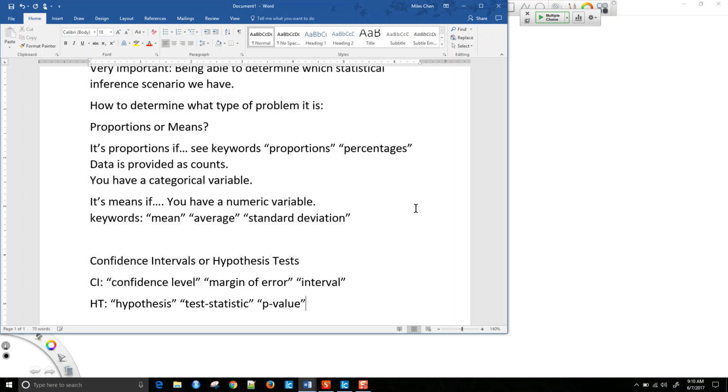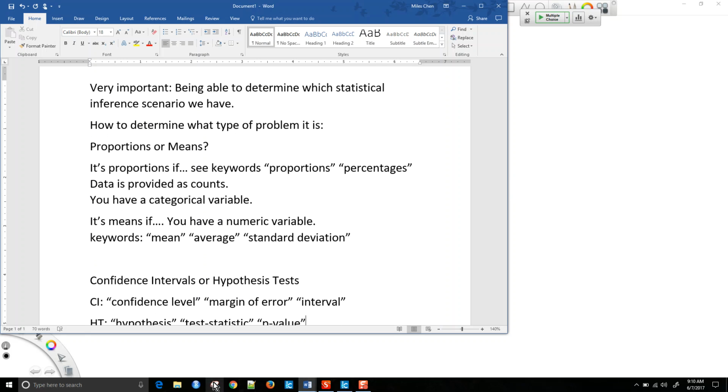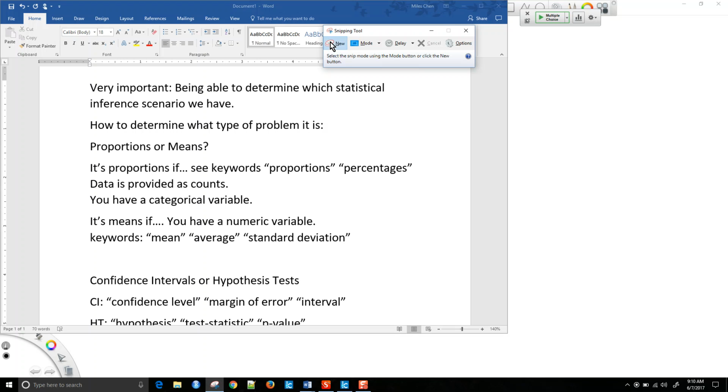So that question will not distinguish. But if it asks for a confidence level, margin of error, or interval, that's a confidence interval situation. Test statistics, p-values, and hypotheses are for hypothesis tests. Let's see. I guess I can copy this into a lecture slide here.